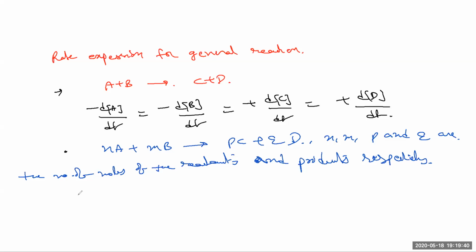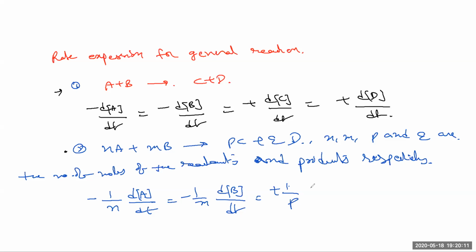Then what is the rate expression? The rate expression can be written as minus 1 by n d of A by dt, that is minus 1 by m d of B by dt is equal to plus 1 by p d of C by dt is equal to plus 1 by q d of D by dt.